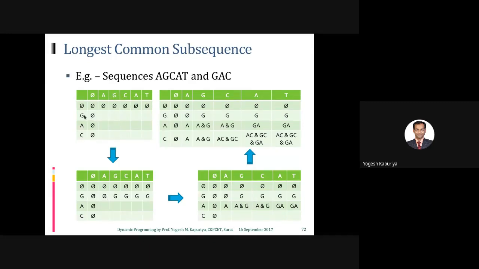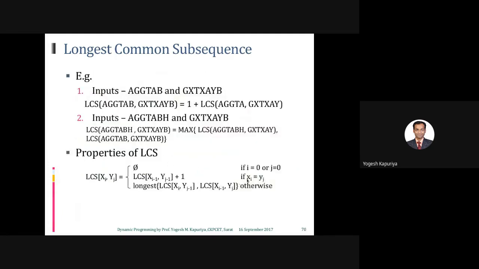You compare these two letters G and G. They are same. When they are same, let's again see the equation. When they are same, what you are doing? Xi minus 1, yj minus 1. I minus 1 means previous row, and j minus 1 means previous column.